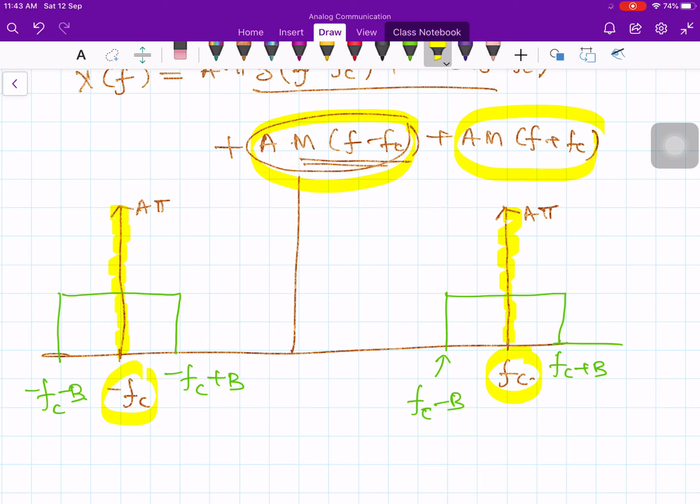Please recall, the only way the spectrum of the AM signal differs from the spectrum of the AM signal with suppressed carrier is that the carrier component was not present there, but here the carrier component is present. So that is the only difference between double sideband with carrier and double sideband without carrier.